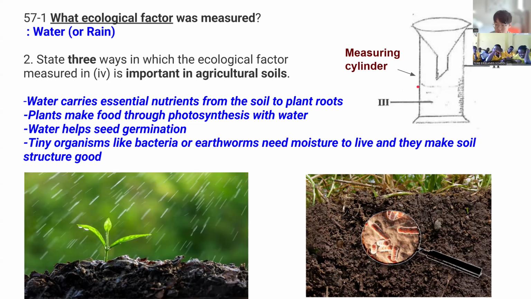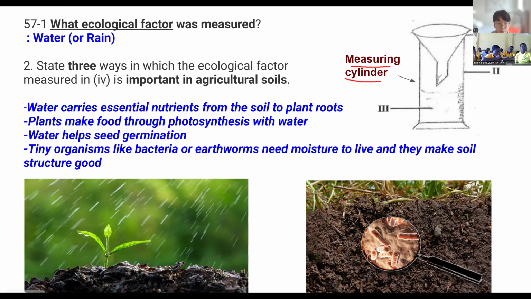Since this picture was not too clear, I'll try to explain this theory question as well. But usually, what is being measured by a measuring cylinder with a cone on top is some sort of liquid, like rain. So you can imagine raindrops entering this cylinder and then water being gathered down here.